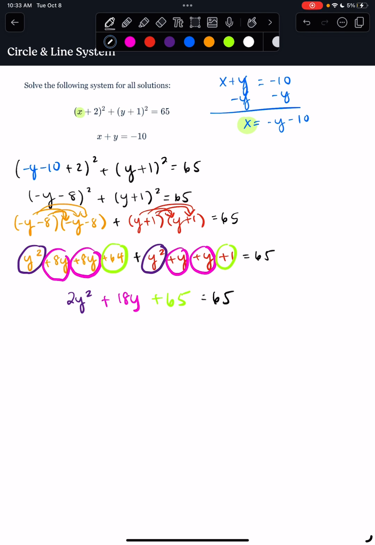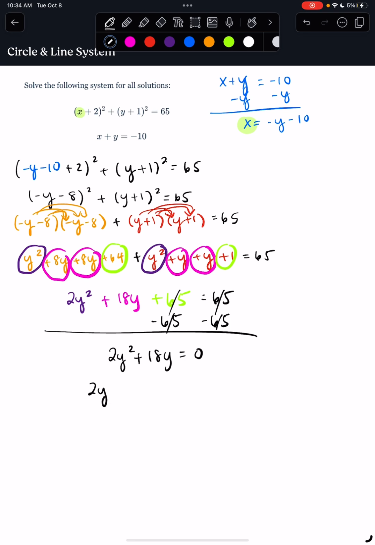And now this is just going to be a quadratic that we are solving for. So we might have to factor. Let's see what happens. So here we can start by solving. We can see that the 65s will cancel out. So if I subtract 65 from both sides, I'll be left with just 2y squared plus 18y is equal to 0. And then you can see here that I have a greatest common factor of 2y between both of these.